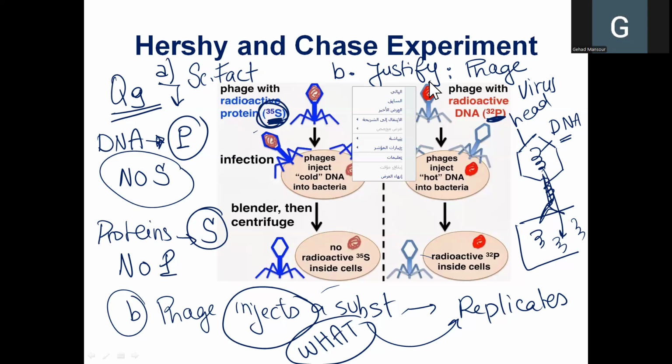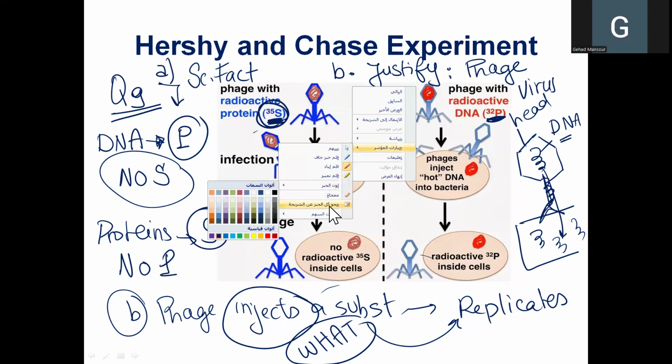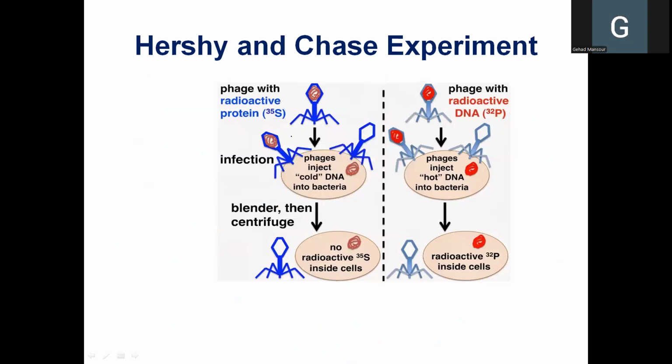And then they did the experiment, and at the end of the day, they found that in the first group of experiment, where the phage was cultured or grew in a medium with sulfur 35, the injected material was cold, meaning that it was not radioactive.